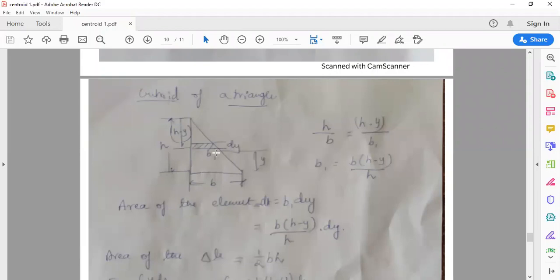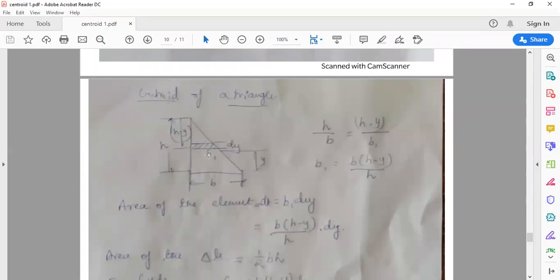The strip I have assumed is located at a distance y from the reference x-axis, which passes through the base. If I deduct y from h, the upper portion will be h minus y. Now I need to get b1 in terms of b and h.